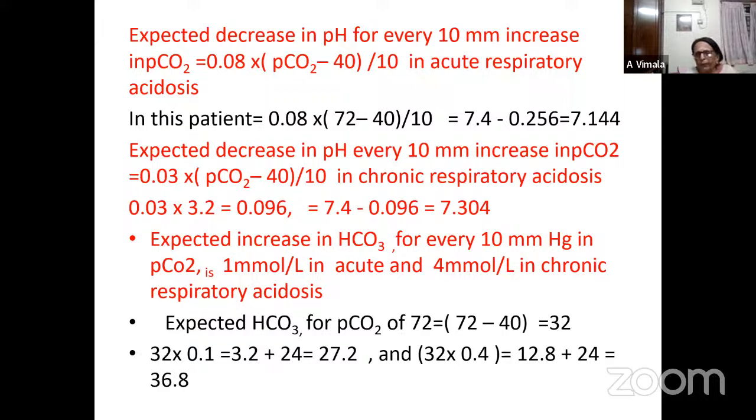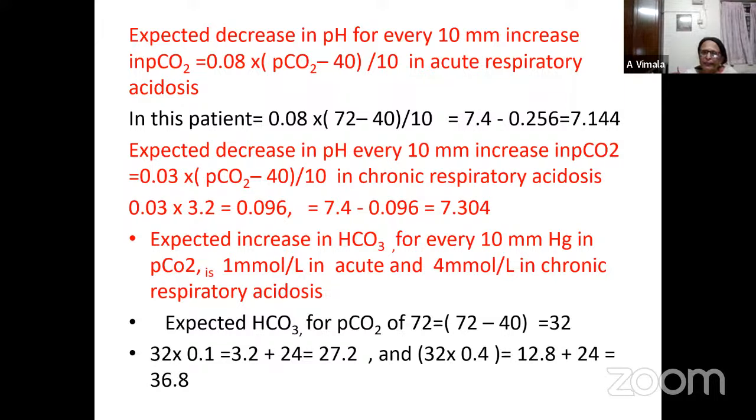To find out what is the expected drop, the formula is 0.08 into PCO2 minus 40, divided by 10. That is given for every 10 millimeter increase in PCO2. In this patient, PCO2 was 72. Normal PCO2 is 40.